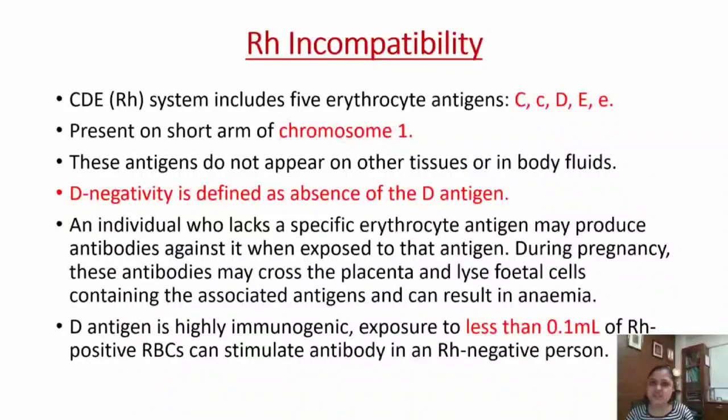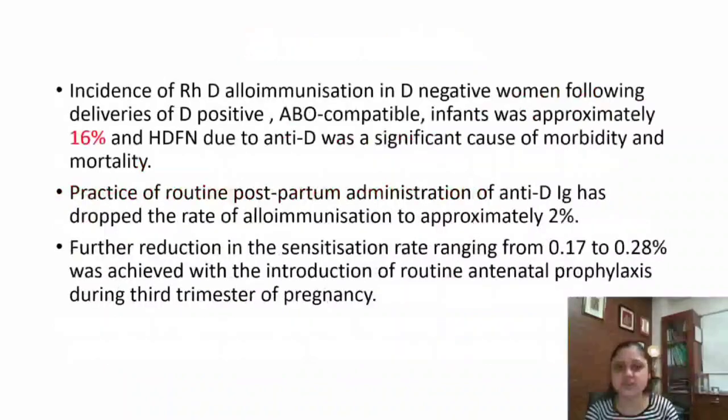D antigen, if we see overall, it is a highly immunogenic antigen such that exposure to less than 0.1 ml of positive RBCs can stimulate antibody in an Rh negative person. Incidence of Rh alloimmunization in D negative women following the deliveries of D positive ABO compatible infants was approximately noted to be 16%, and HDFN due to anti-D was a significant cause of morbidity and mortality.